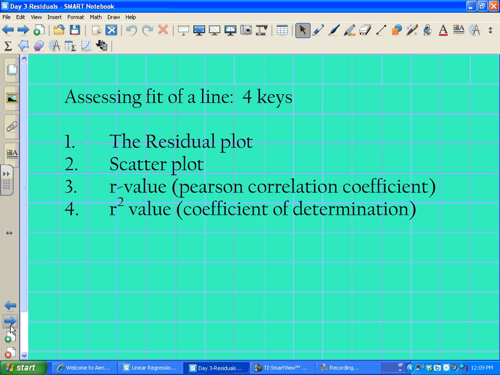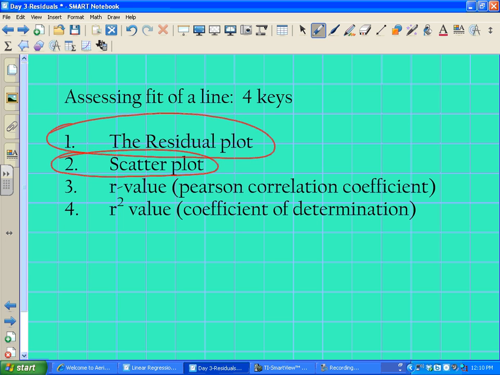At this point, assessing fit of line. I said, be specific. These are the four things you're going to want to know. Does the scatter plot appear to match with a line, yes or no? Does the residual plot have a pattern or not? The R value, how is that R value?